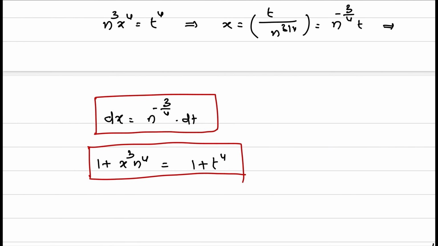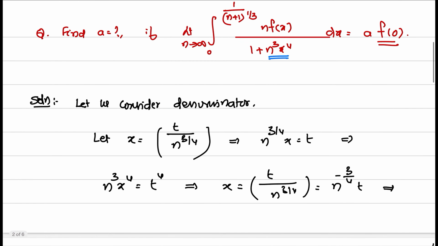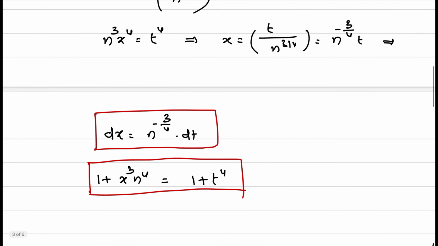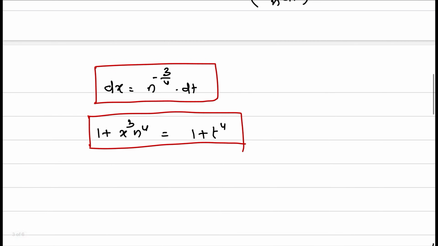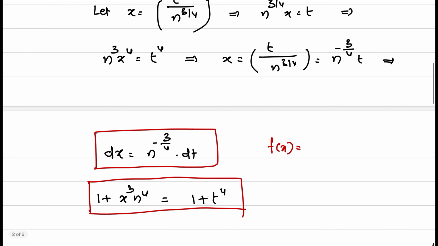dx is so and so into dt. What is function f(x)? Because x is equal to t by n to the power of 3 by 4, f(x) is equal to f of t into n to the power of minus 3 by 4.